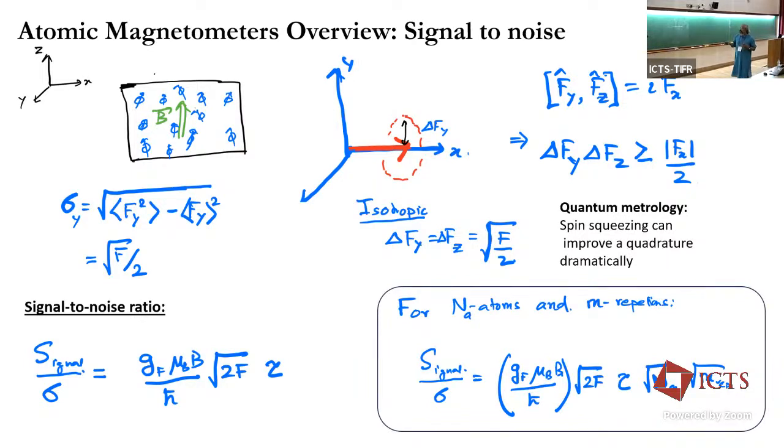Now this was all being done for a single spin case. If you explicitly take care of the fact that there are n atoms and m repetitions of the experiment, at this scale they are essentially the same thing, and so you have factors of square root of n and square root of m.